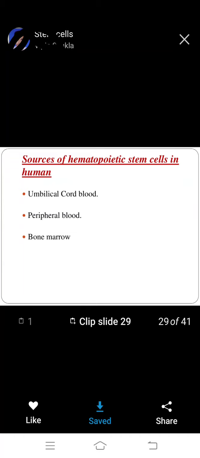Sources of hematopoietic stem cells in humans: first is umbilical cord blood, then peripheral blood and bone marrow.